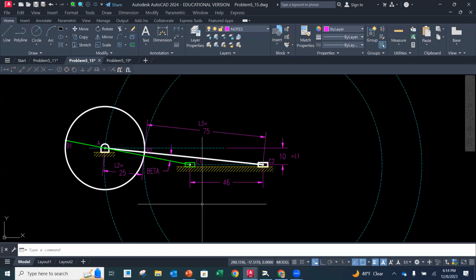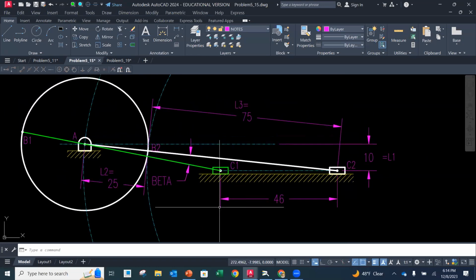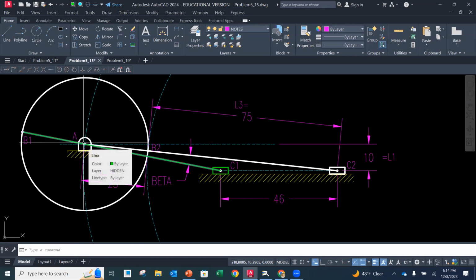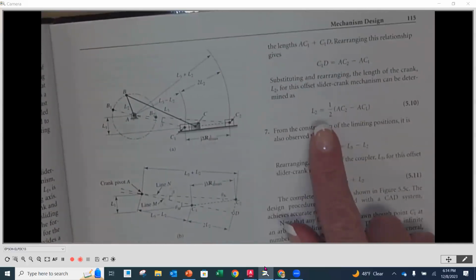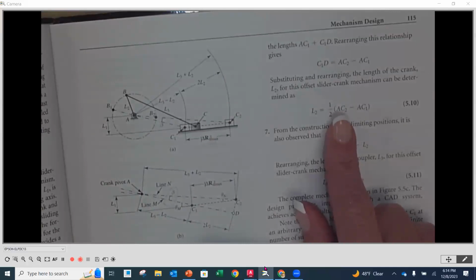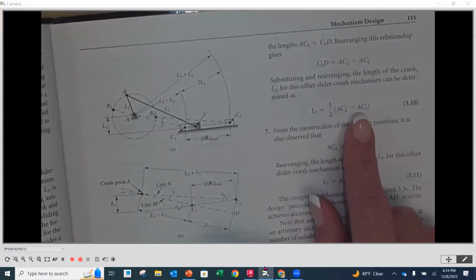As we look here, you're going to notice that these relationships work out. So what you want to do then is prove your numbers. If you measure from C2 to A, and we go through this process, you're going to notice that when I want to calculate my L2, I take the distance that I measure from AC2 minus AC1, and multiply that by 1/2, it'll come out to 25.